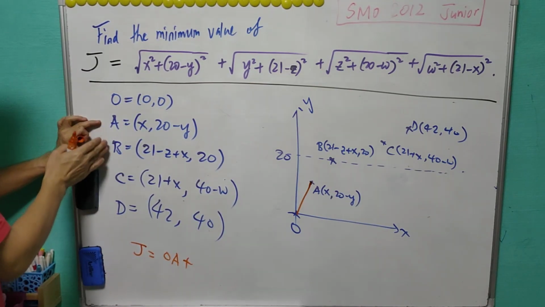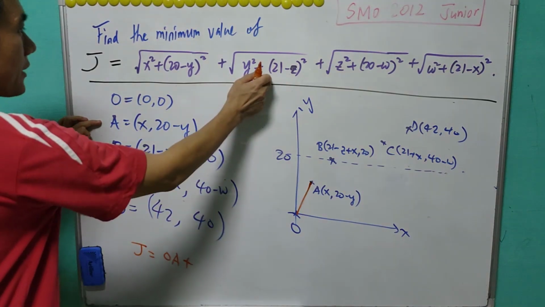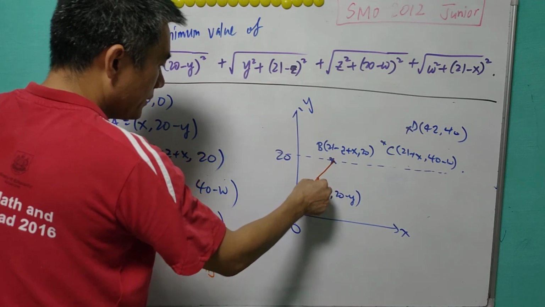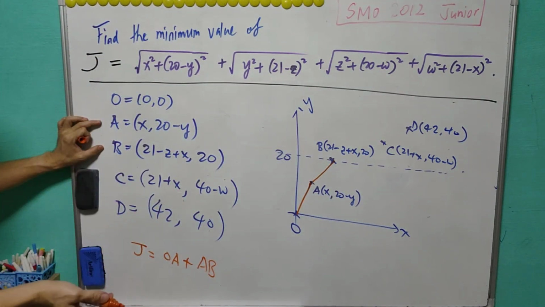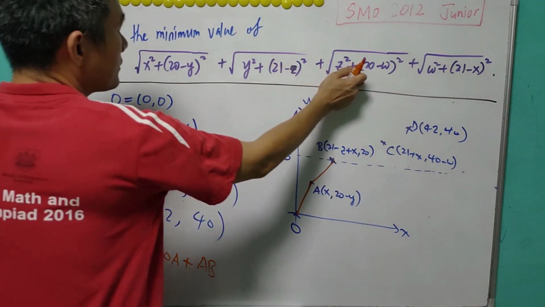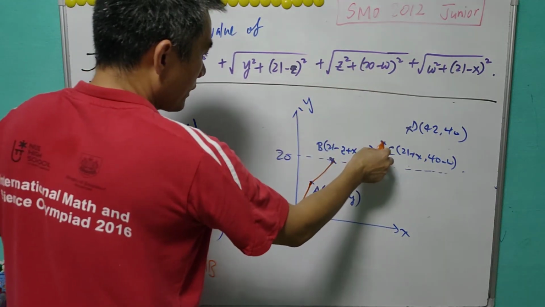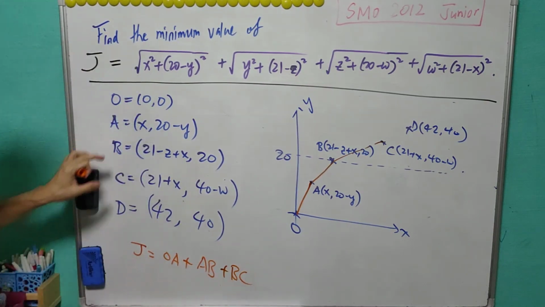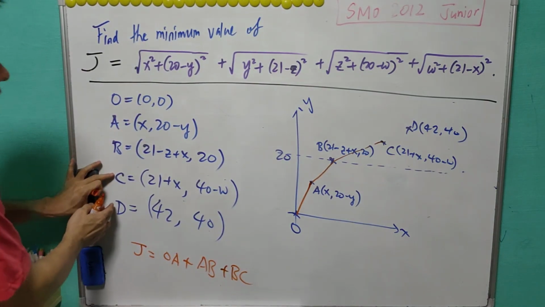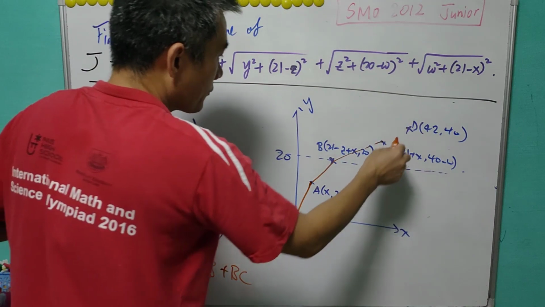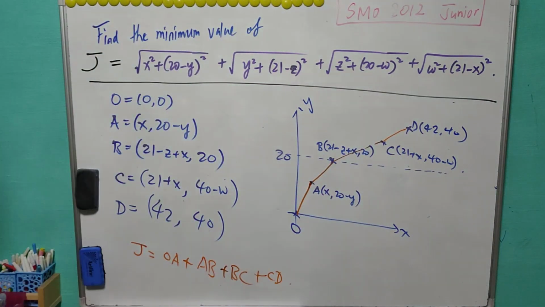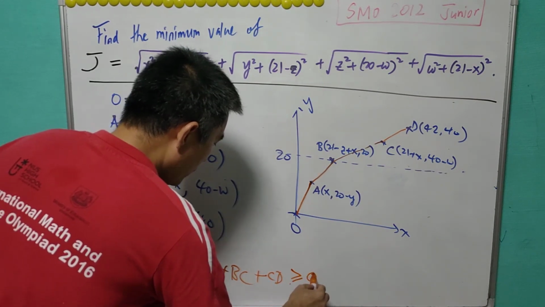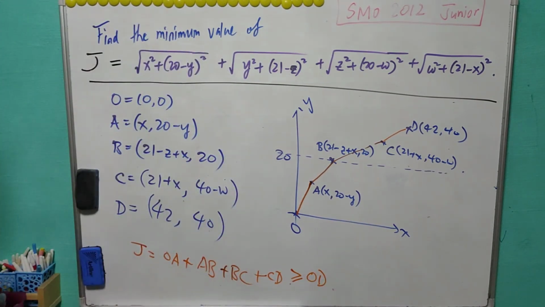From the definition of A and B, we see that the second term is actually the length of AB. So this is AB. And likewise, BC is equivalent to the third term. So this is BC. And lastly, CD is the length of the fourth term. And similarly, J must be greater than or equal to OD because of the triangle inequality.